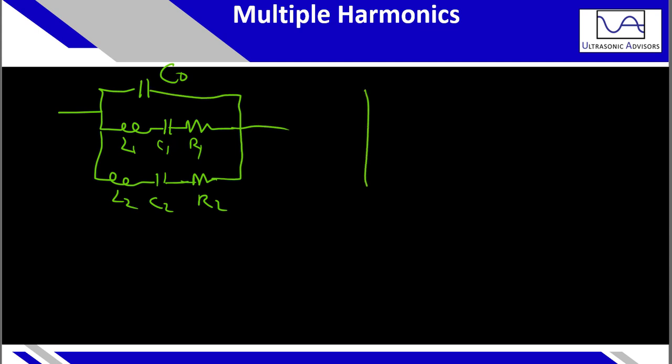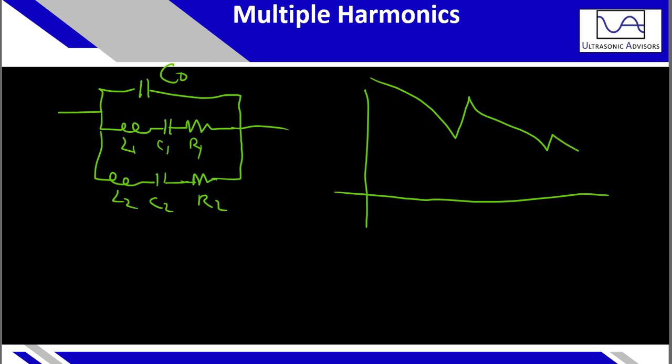And that would give you a final result with two resonant modes, at the resonant frequency of him, omega 1, and the resonant frequency of her. So here's omega 1, here's omega 2.